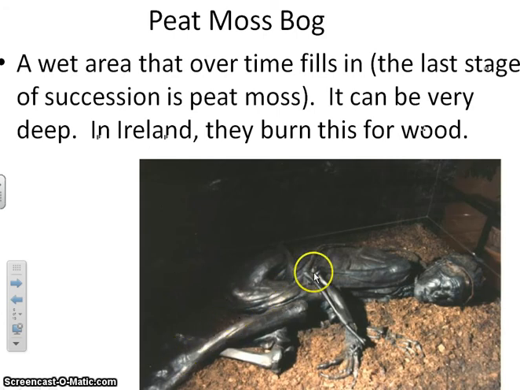This is not here to be morbid, it's here to make a point that what happens in a lot of these wetlands is you have an area that's really high in nutrition, but almost devoid of oxygen. And so decomposition happens really slowly. In this example of a peat moss bog, this human specimen was really well preserved because that decomposition happens so slowly.